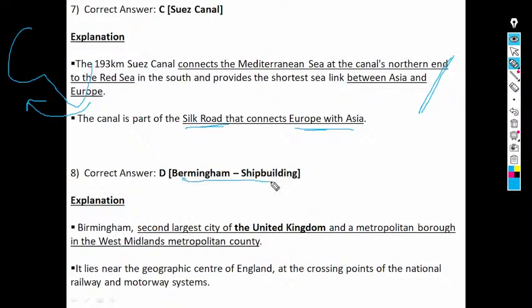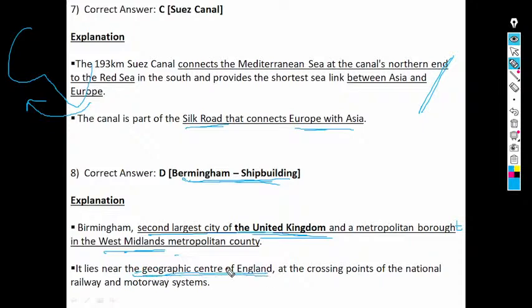Then D, it is Birmingham shipbuilding. Birmingham is the second largest city of the UK, United Kingdom, and a metropolitan city in the West Midlands metropolitan county.